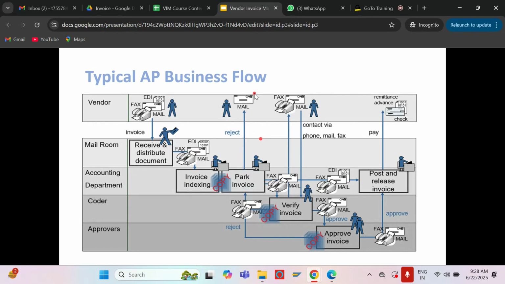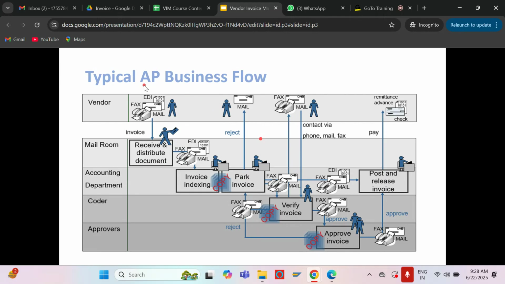Here we will be understanding what happens in day-to-day life for posting invoices in any other solution, like a non-automated solution. The picture you see on the screen depicts the typical AP business flow.